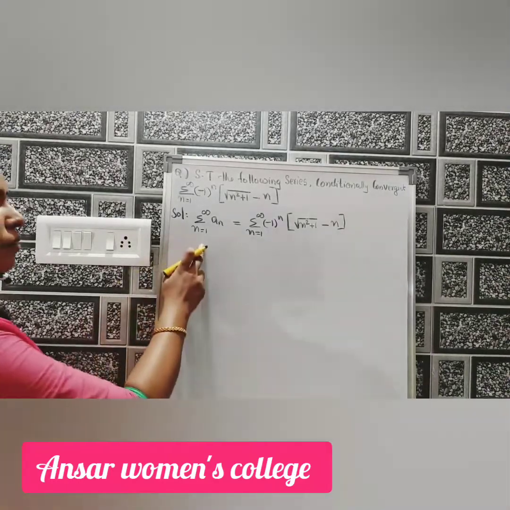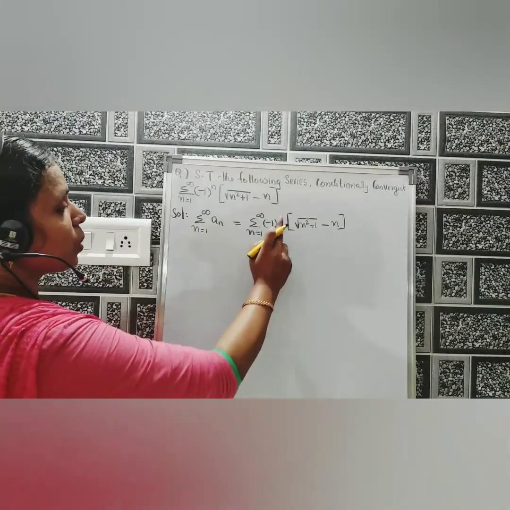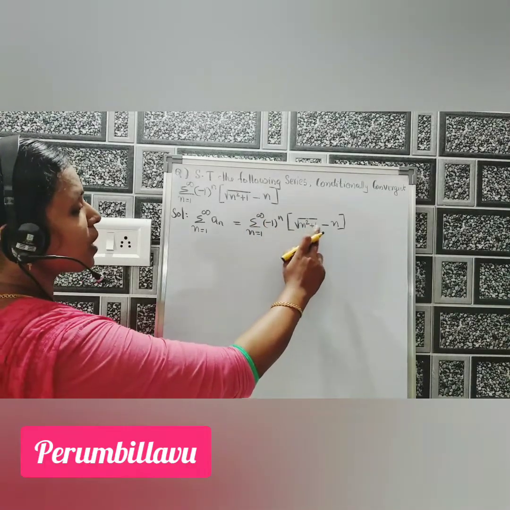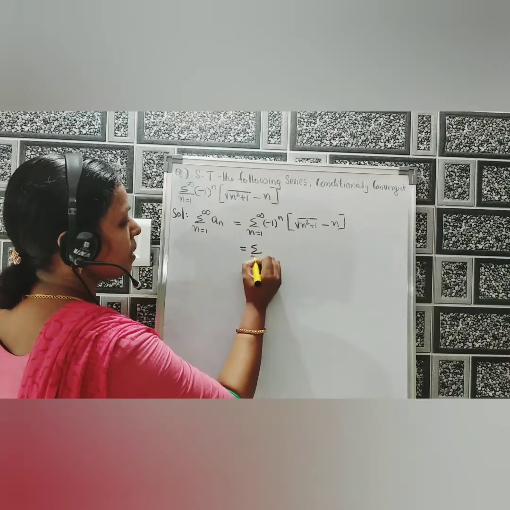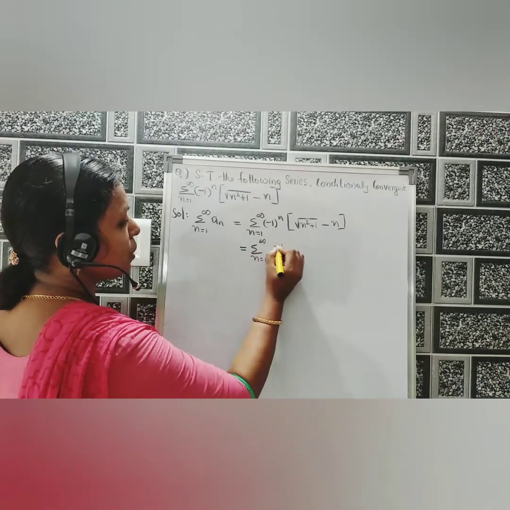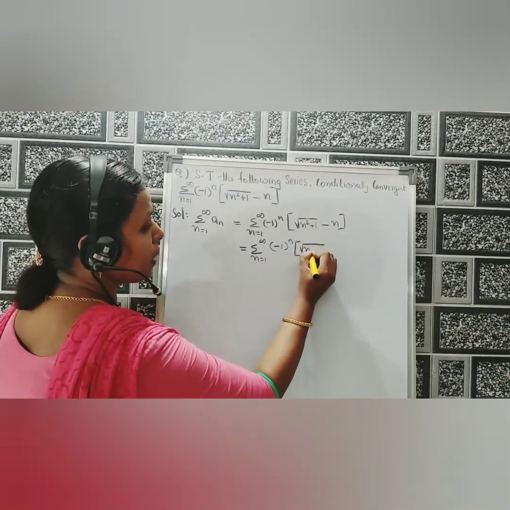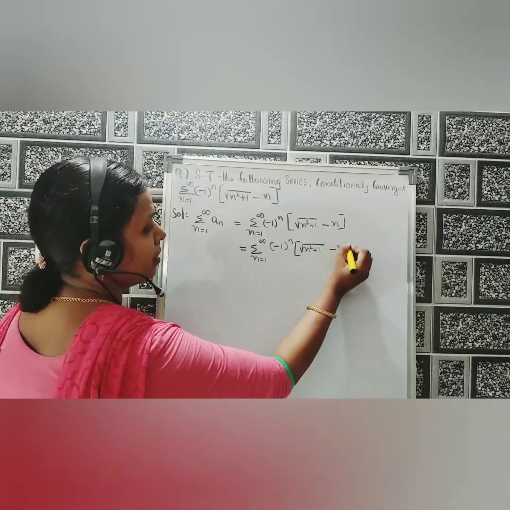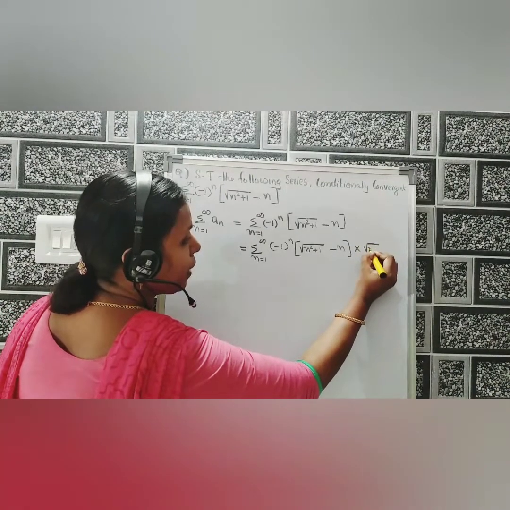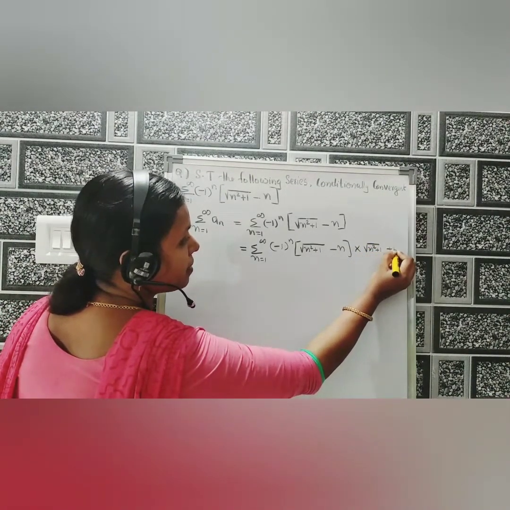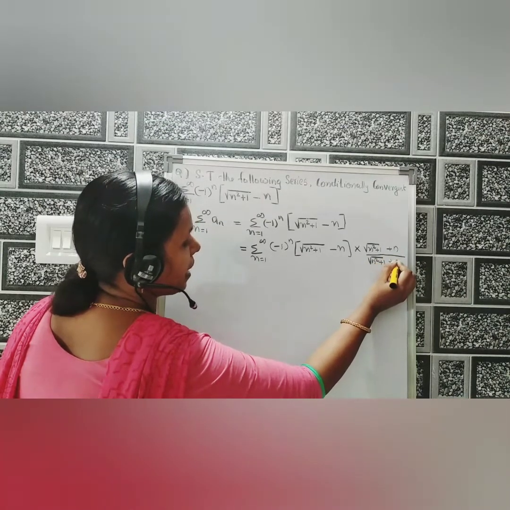Given that sigma n running from 1 to infinity a n is equal to sigma n running from 1 to infinity negative 1 whole raised to n into root of n square plus 1 minus n. First we arrange this series: multiply with root of n square plus 1 plus n divided by root of n square plus 1 plus n.